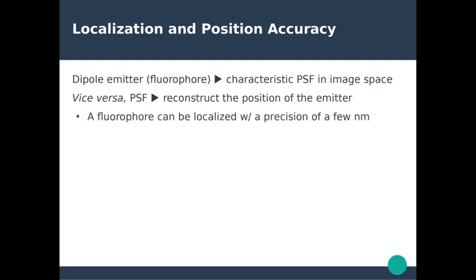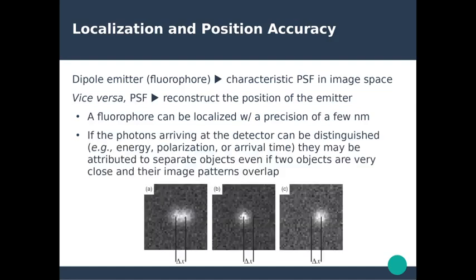So typically a fluorophore can be localized with a precision of a few nanometers. And how is this possible? Well, you can use different techniques to be able to distinguish between the photons that are arriving at the detector. So you can select the photons based on their energy, polarization state, or arrival time, and you can actually separate the images even though they're overlapping.